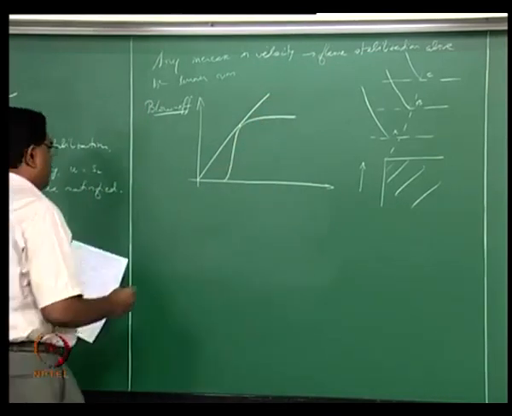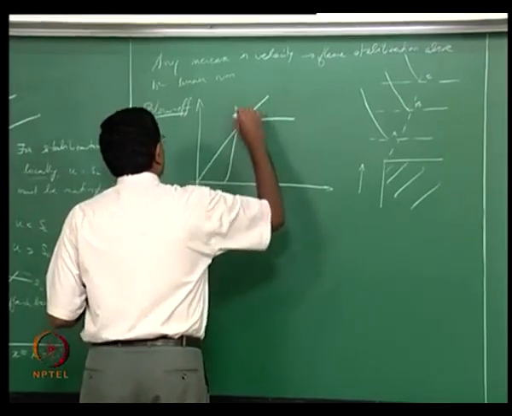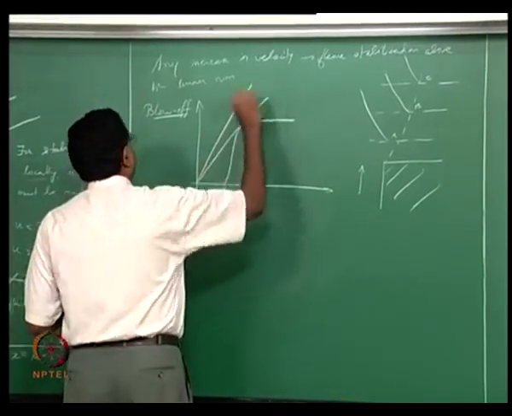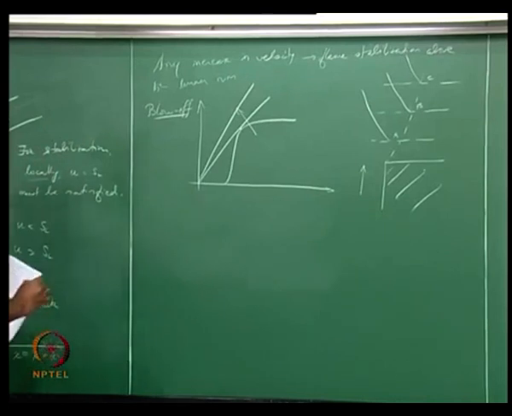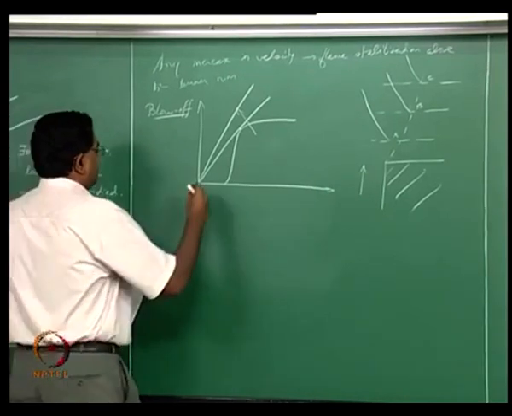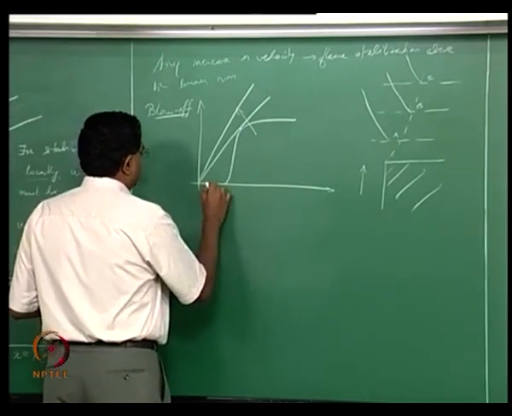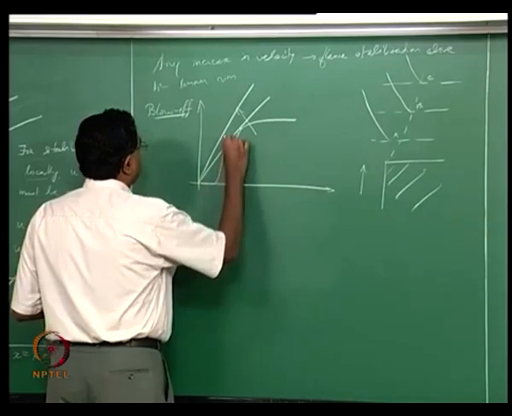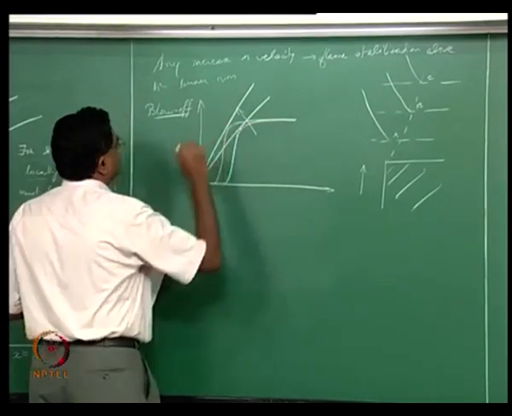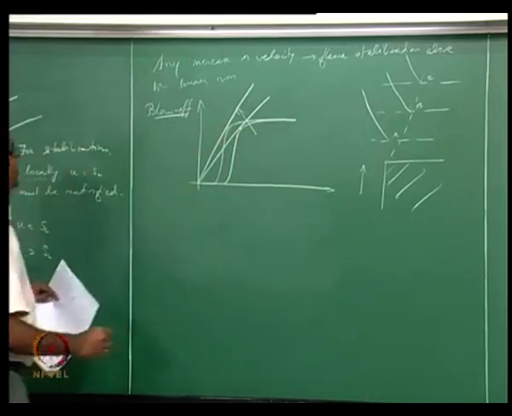If you now try to increase your velocity to, let's say, a higher value, the linearly increasing profile would increase this way, and the flame speed begins to increase in such a way that you have the match happening over here.